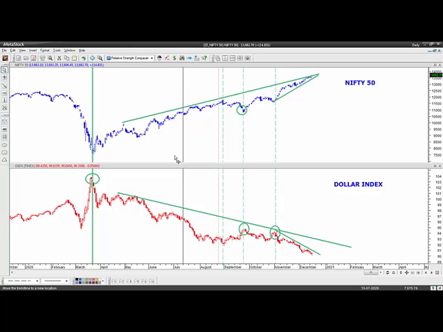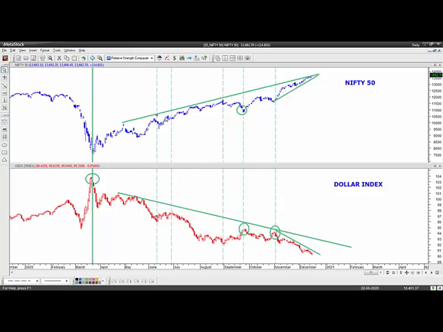Same way, you'll notice the start of the rally in June, the real strong rally in June out here, and this little correction also before that coincides.